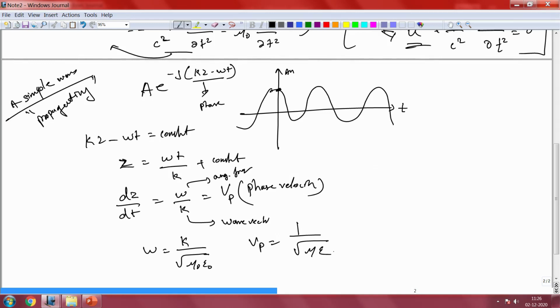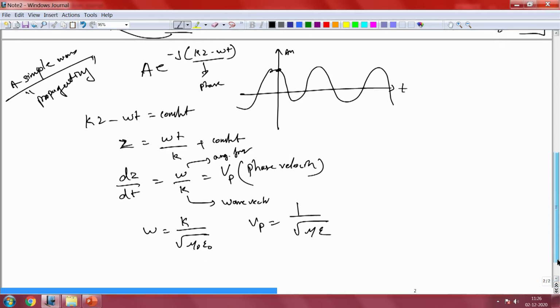So, mu and epsilon are the permeability and permittivity of the medium. So, the speed of light from the wave equation is the phase velocity, right. The speed of light and the phase velocity are identical when it comes to a wave that has a single frequency, right.